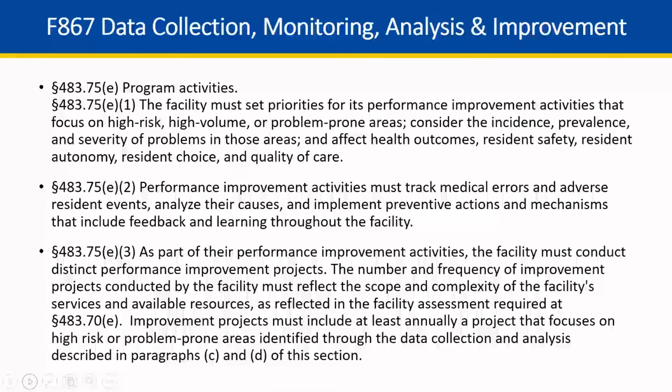When determining priorities, the facility must also consider the incidence, prevalence, and severity of problems or potential problems which it has identified. If systemic concerns such as repeat survey deficiencies have not been identified or prioritized by the facility's QAA committee, this may indicate that the committee is not effectively performing its required functions.